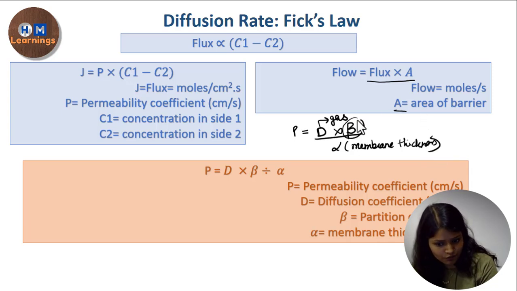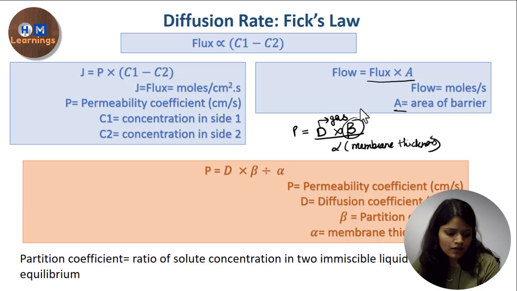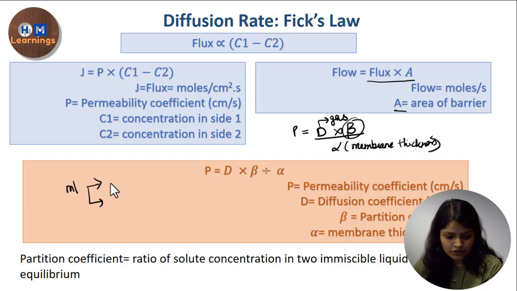What is the partition coefficient? Suppose you have the same amount, the same ml, of two different solvents which are not mixable with each other. Suppose one is your organic solvent and another one is water.